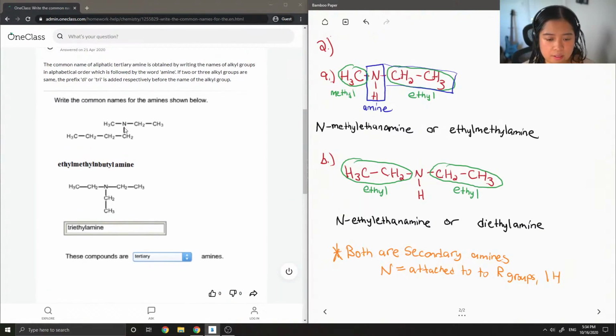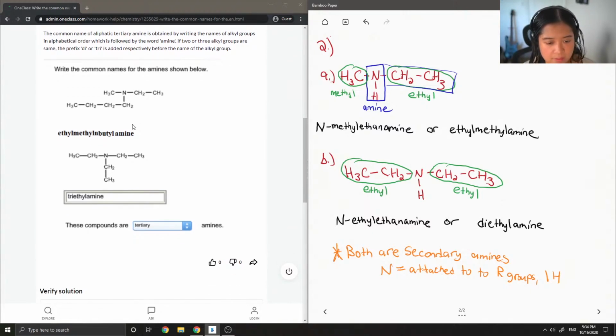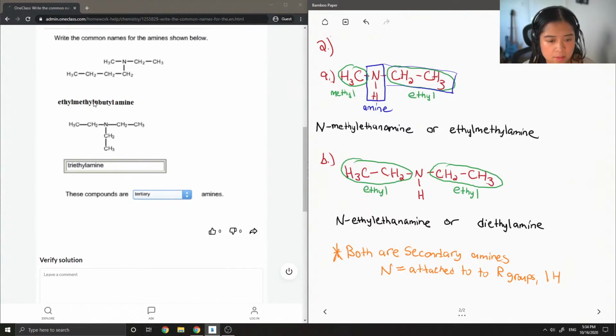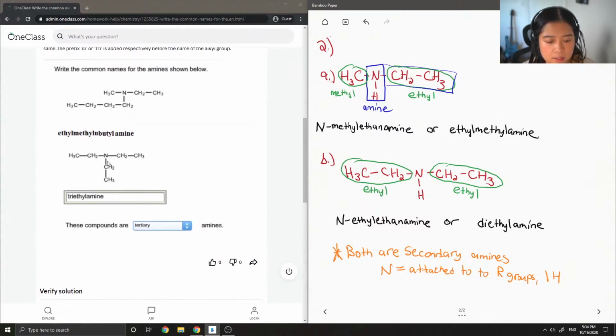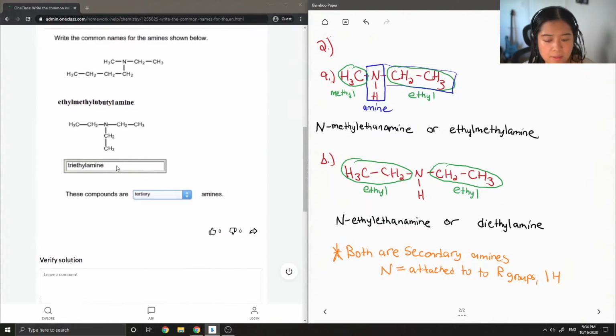So here, let's just look at their example anyways so that we can practice. So here they have a butyl group, a methyl group, and an ethyl group. Ethyl methyl butylamine. I don't think there's supposed to be an N there. But this triethylamine is correct.